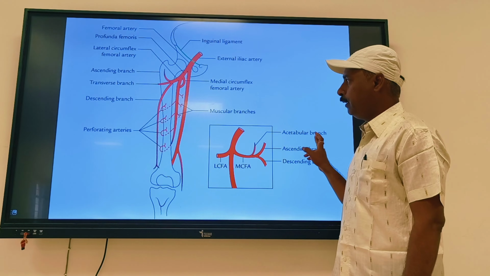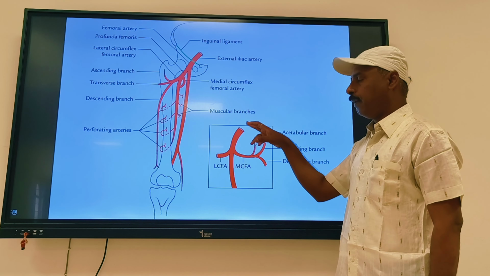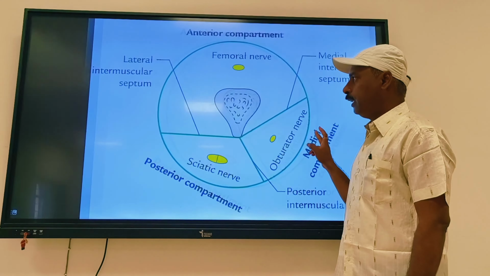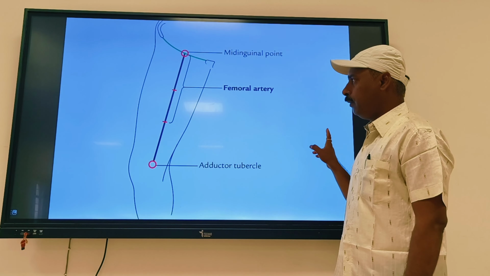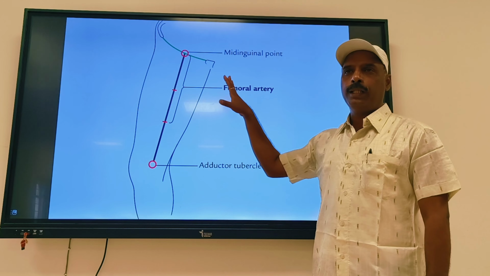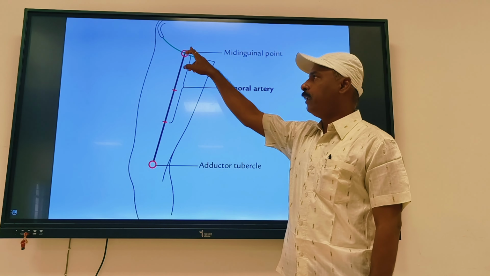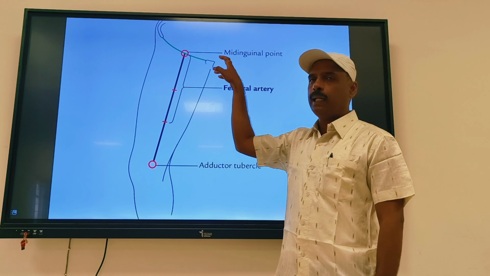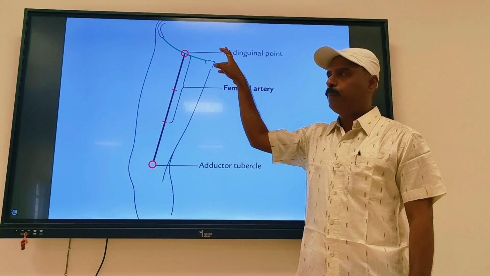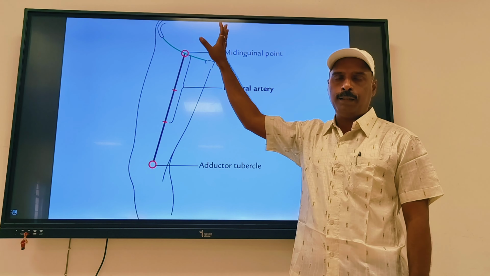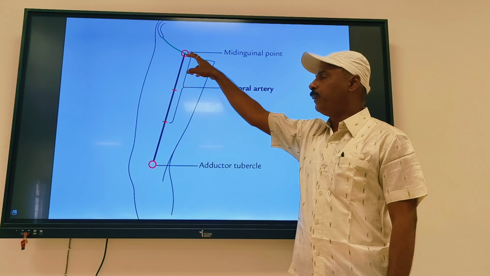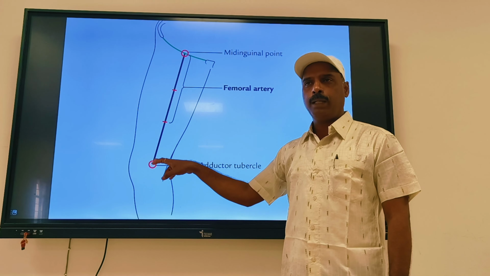Then we have to explain the branches, which you can mention in the diagram. Then lastly you can see the surface marking points of the femoral artery. Mid-inguinal point is the first point. You have to draw the inguinal ligament first, from the pubic tubercle to the anterior superior iliac spine, and the midpoint is the mid-inguinal point. The second one is the adductor tubercle.